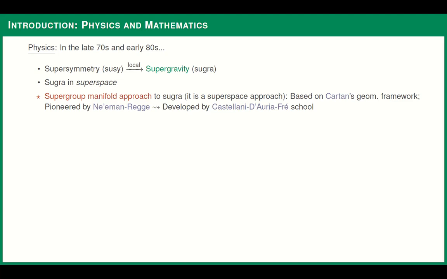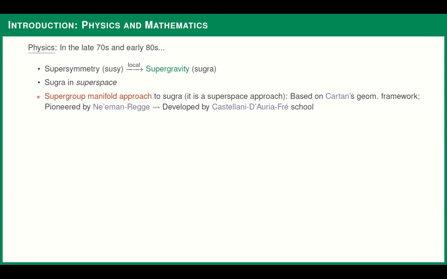It is a superspace approach, and it is strongly based on Cartan geometry. It was initially developed by Neeman and Regge, and they were absolutely aware of this strong connection with Cartan geometry, and tried essentially to develop the supergeometric extension of this framework.